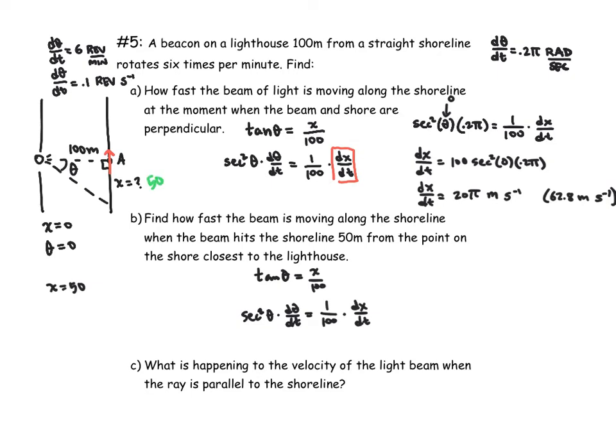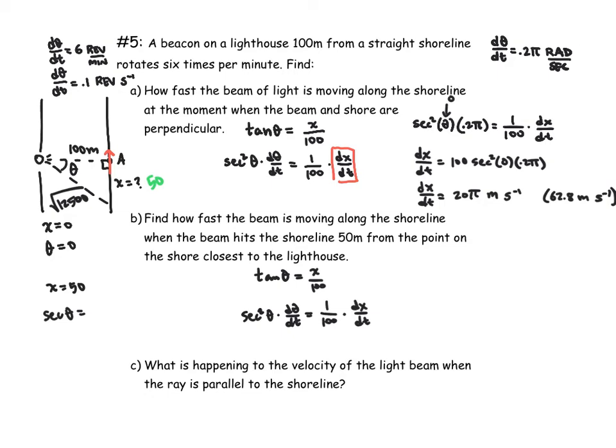If that's a 50, then using the Pythagorean theorem, I'm not going to show the math here, the hypotenuse would be the square root of 12,500. So if that's true, then I can find the secant of theta. The secant of theta is the reciprocal of cosine.